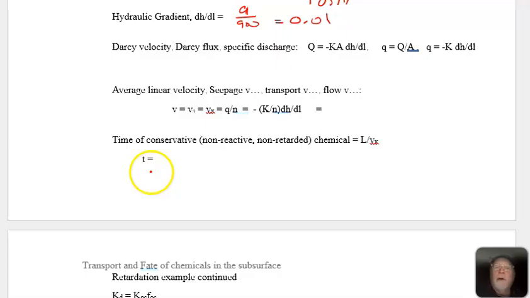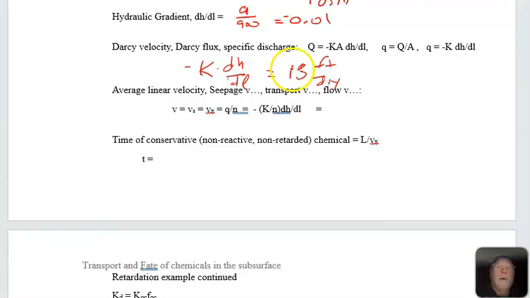Our Darcy velocity or Darcy flux, our specific discharge, all different names for the same thing, is the flow divided by area, and that equals the hydraulic conductivity times the hydraulic gradient. Really, the hydraulic gradient is negative in direction of flow, so we have a negative there. Don't get caught up with the negatives. If your water goes uphill, you got the sign wrong. So that equals 18 feet per day times the hydraulic gradient of 0.01.